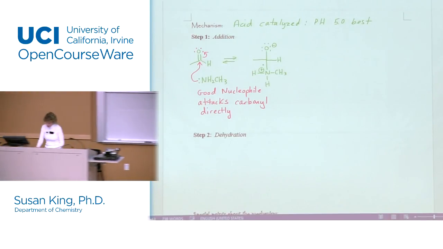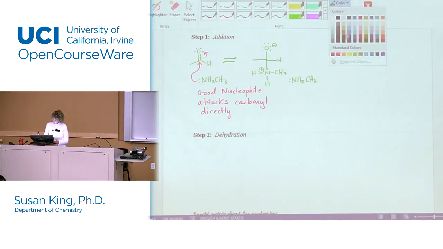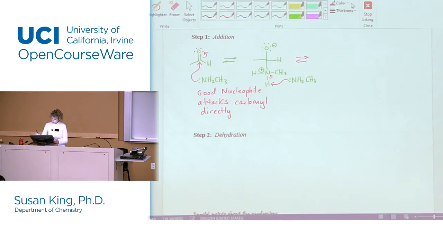All right, so at pH 5, we have some protonated amine. I'm going to do this step first, but it's okay if you don't do this step first. I'm going to deprotonate nitrogen. And then I'm going to use the protonated nitrogen to protonate oxygen in the next step.